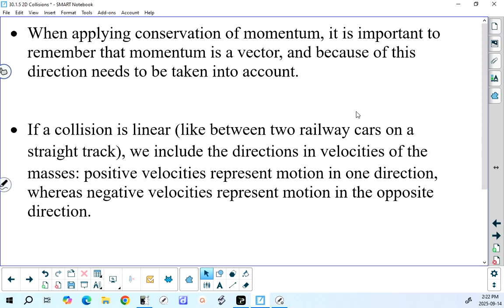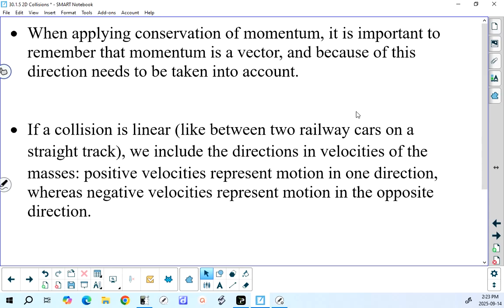How did we take the vector nature of momentum into account if it was 1-dimensional? The answer is we chose 1 direction as positive and the opposite direction as negative. So when you fire that bullet from the rifle, if the bullet is moving north with a particular speed of, say, 400 meters per second, we would say the velocity of the bullet is positive 400 meters per second.